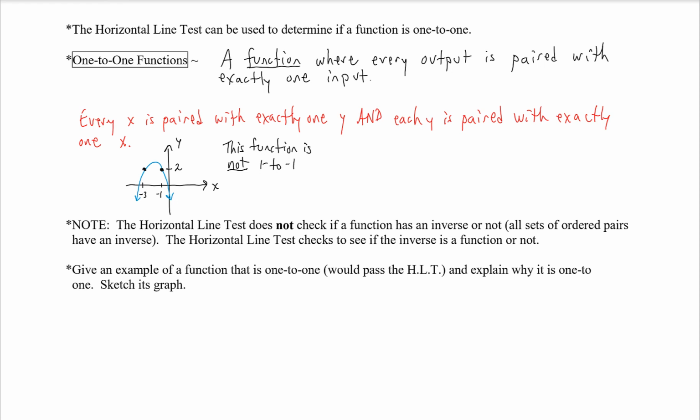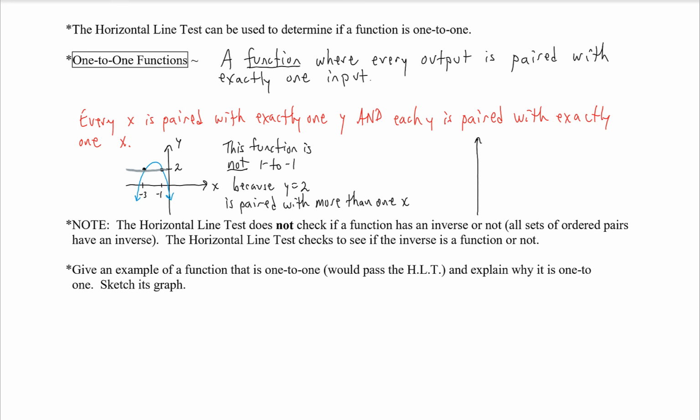We usually abbreviate it with just 1-to-1 instead of writing out the word one, because y equals 2 is paired with more than one x value. You can see it right here by drawing a horizontal line. So draw a horizontal line, you hit the graph twice. So that is not a one-to-one function.